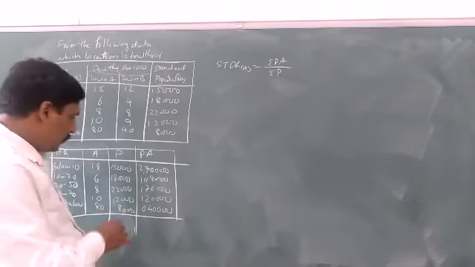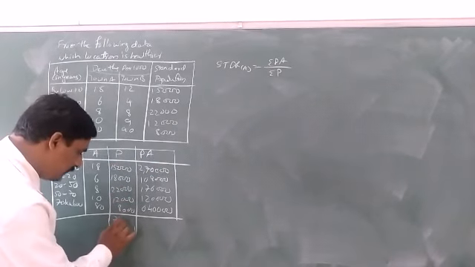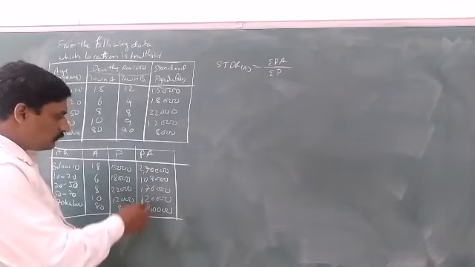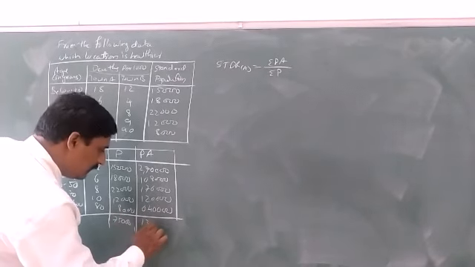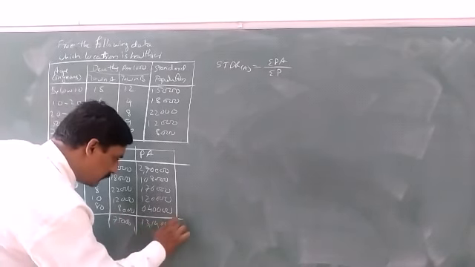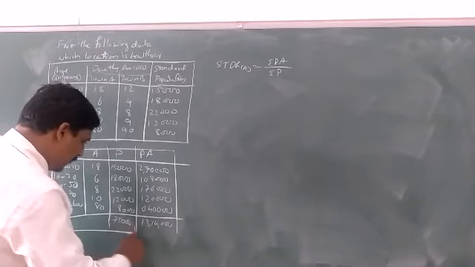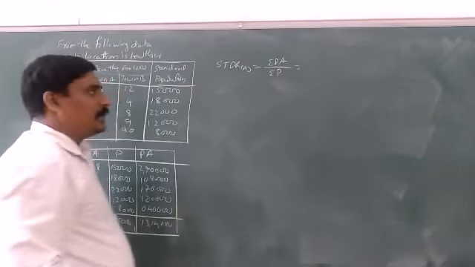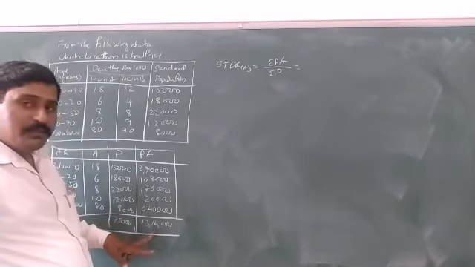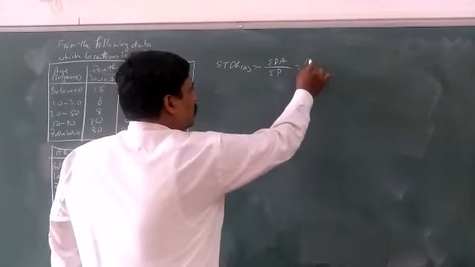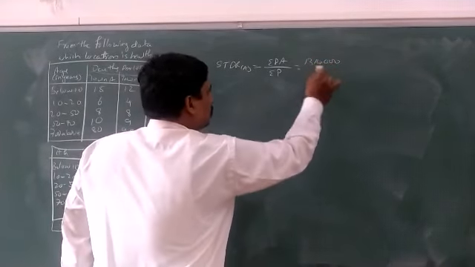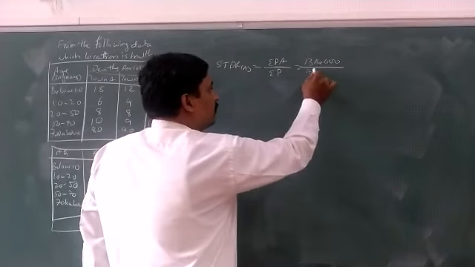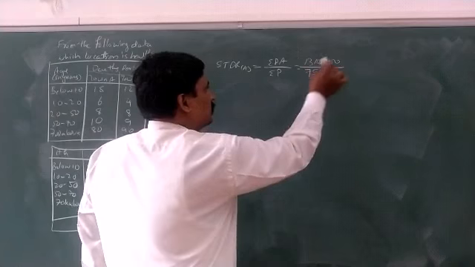The P column total comes to 75,000 and the PA column total comes to 13,14,000. So STDR of A is summation PA divided by summation P. Summation PA is 13,14,000 divided by summation P, which is 75,000.